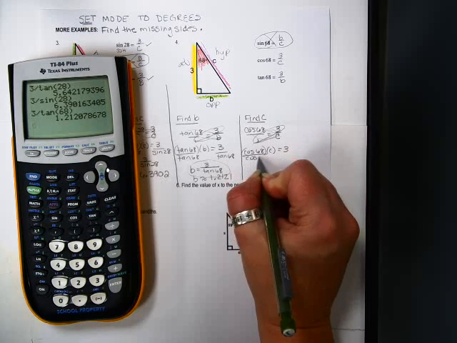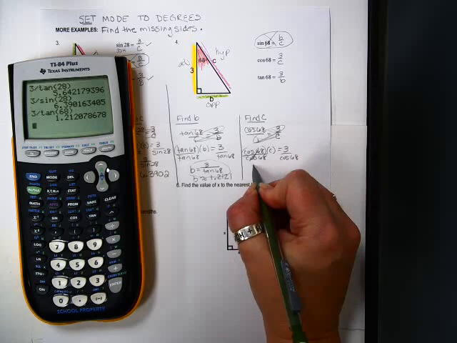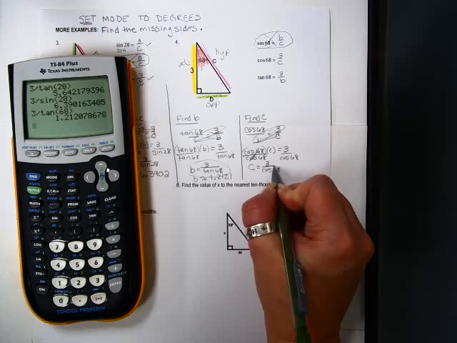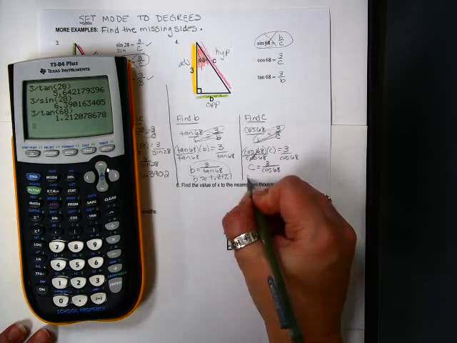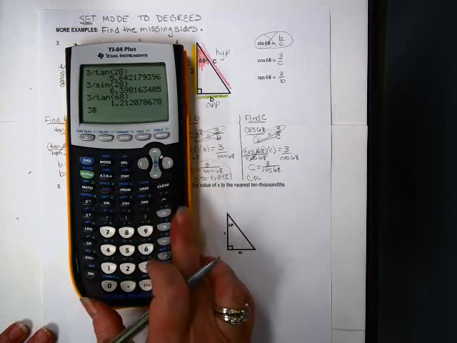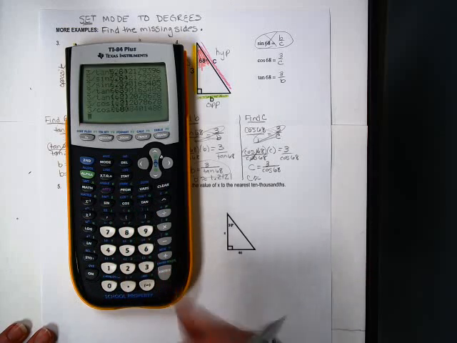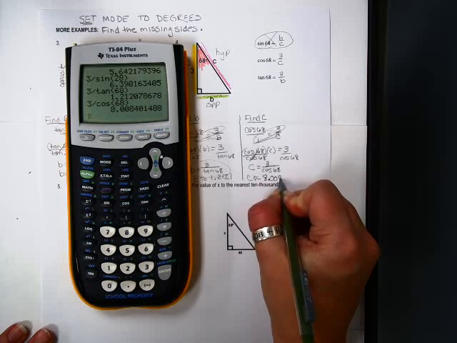Divide both sides by cosine 68. I get C is 3 over cosine 68. There's my exact answer. My estimated answer, of course, is 3 divided by cosine 68, close parentheses, enter, 8.0084.